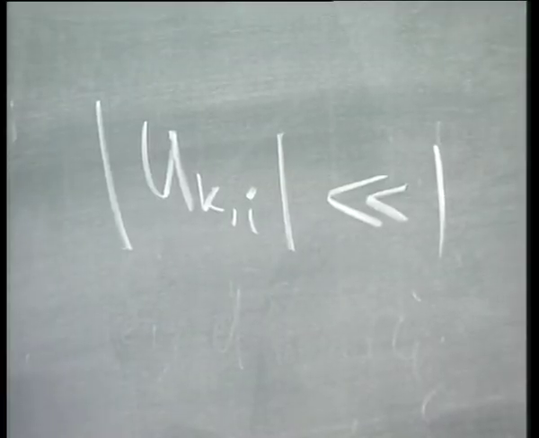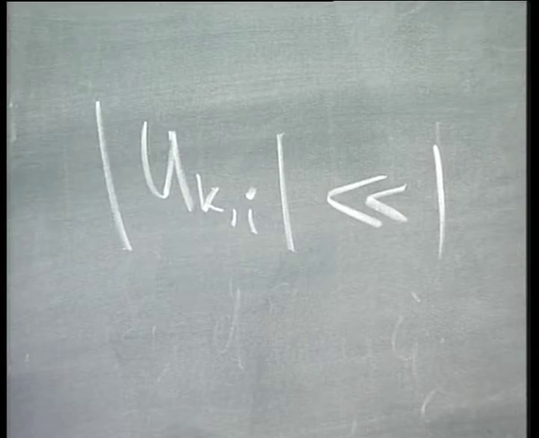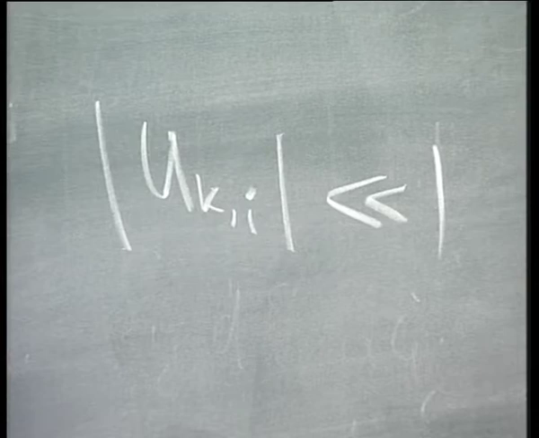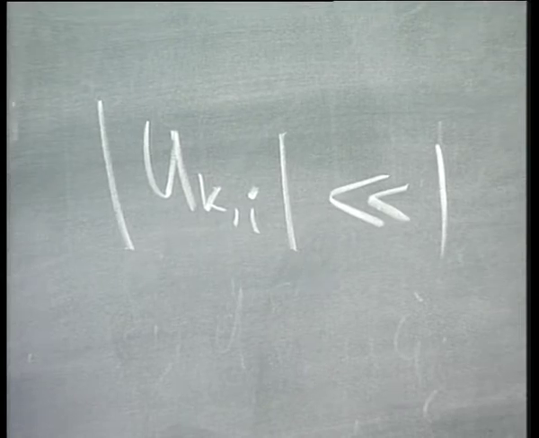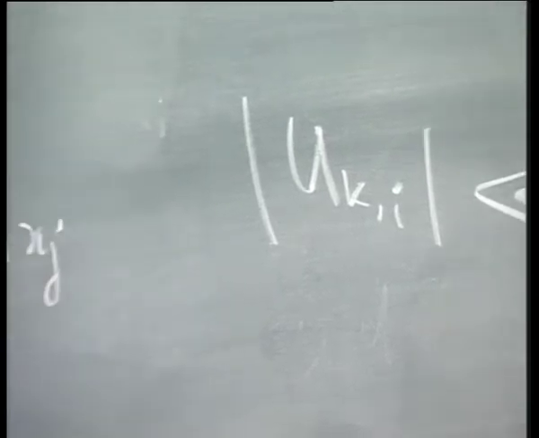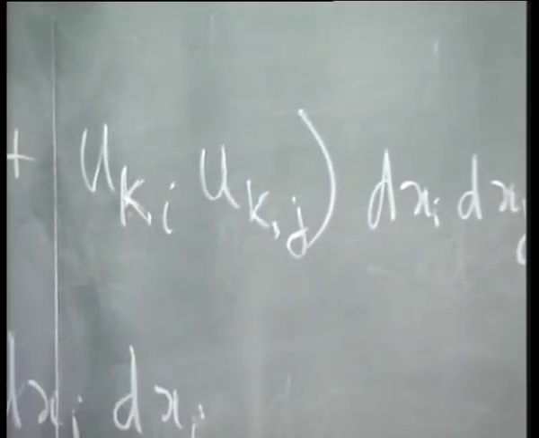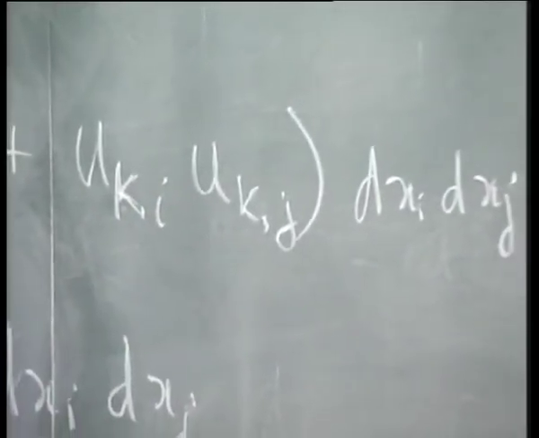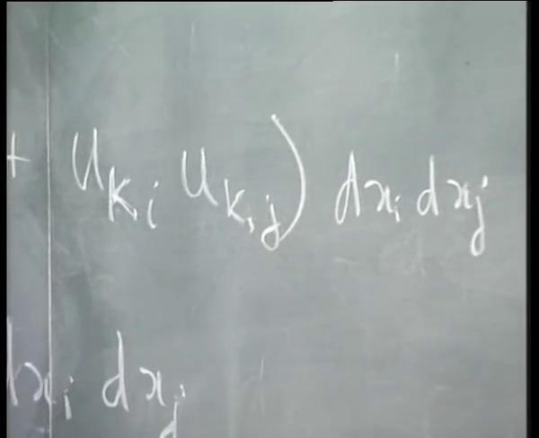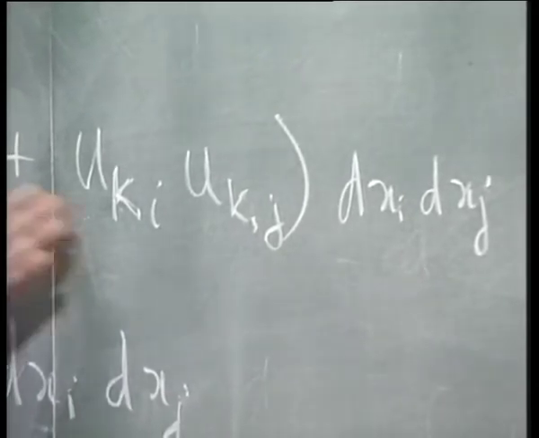The gradients of strains are very small. Is that clear? So, what happens now when I say like that? This last term, uk comma i uk comma j, will vanish. Is that clear? Will vanish, which means that will go to 0.